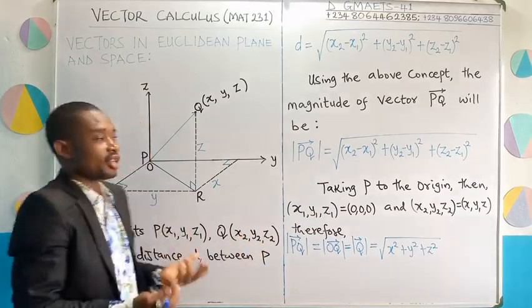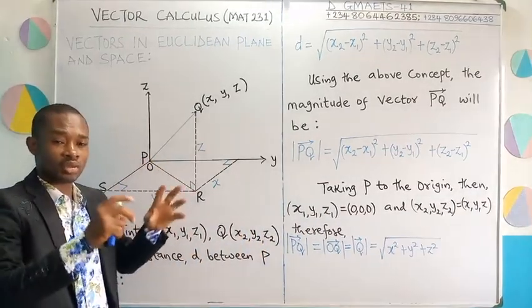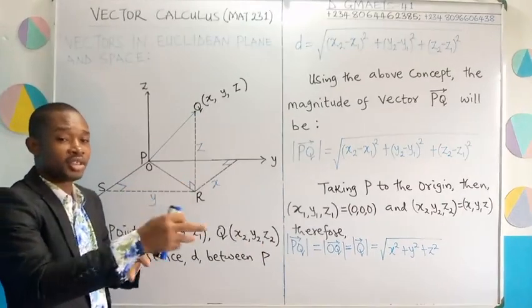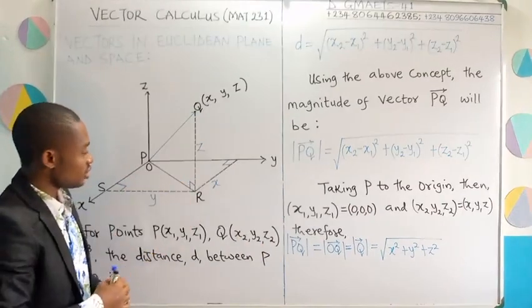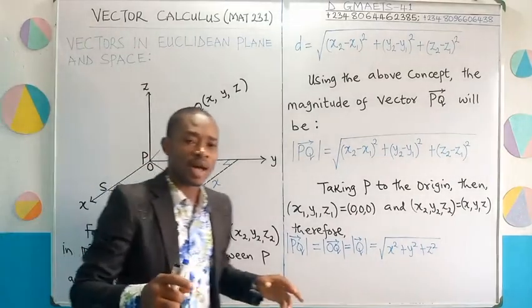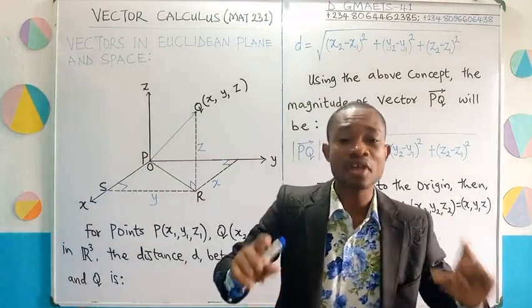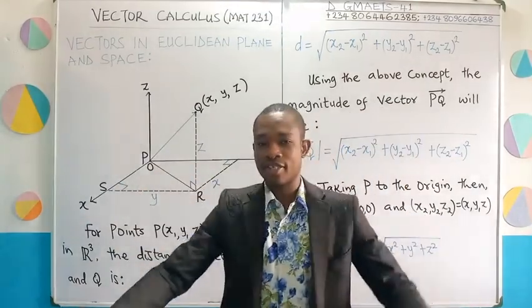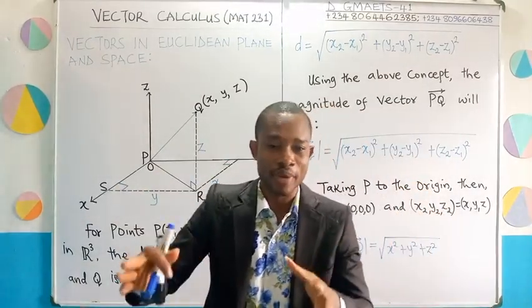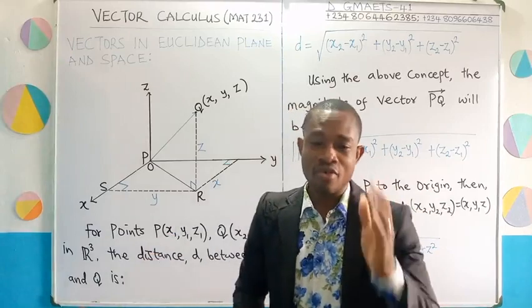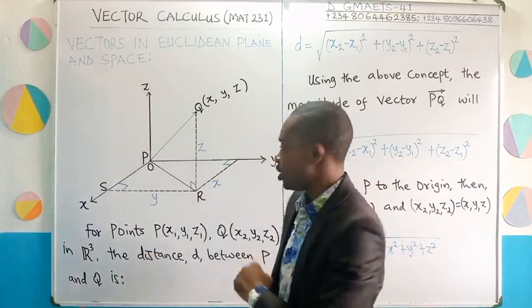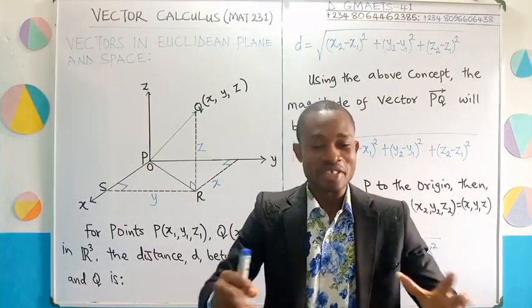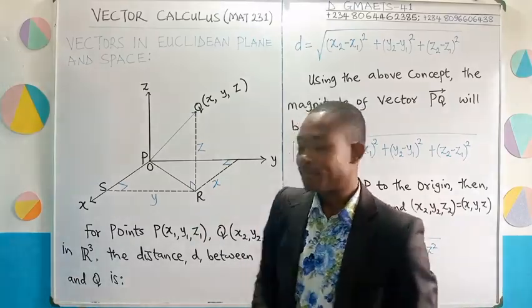But this time I just decided to draw the vector from the origin, assuming that point P is at the origin 0, 0, 0. That's the initial point. Now, one important thing about this 3-dimensional vector is that the 3 axes, z, y, and x, are held mutually perpendicular. That is, at right angles to one another. That is at 90 degrees. You want to take note of that.